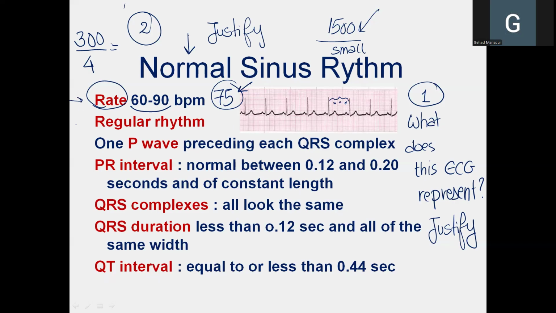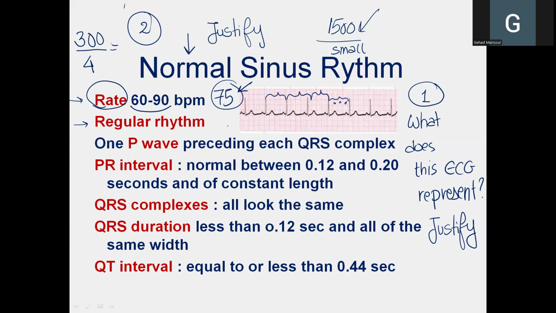Then you would say that the rhythm is regular, and you have to say why. So you would say that the rhythm is regular as evidenced by the constant duration of time between two QRS complexes.